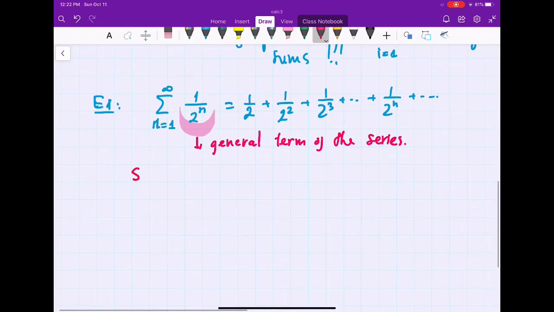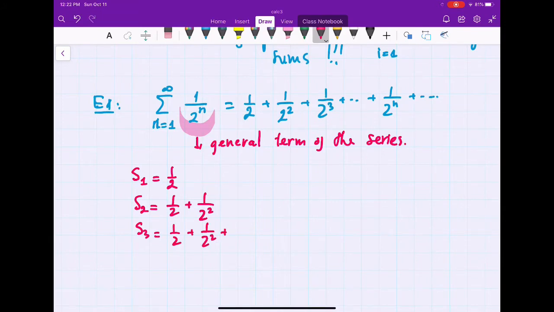If we write in the form of partial sums, S1 is 1 over 2. Right? S2 is 1 over 2 plus 1 over 2 squared. You have S3 equal to 1 over 2 plus 1 over 2 squared plus 1 over 2 cubed. So let's sum them up. You get this 3 over 4, right? And in here, you get 7 over 8. All right?